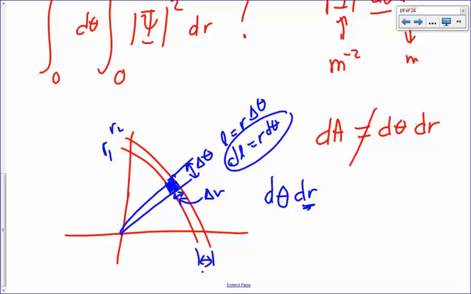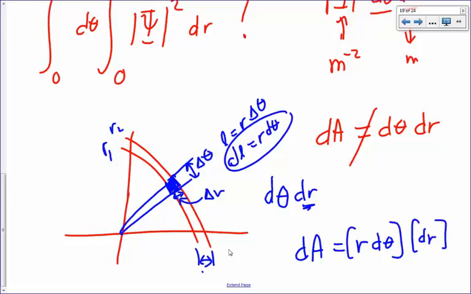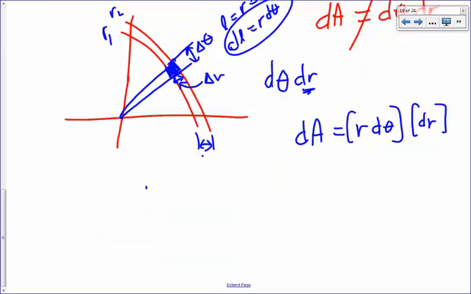Okay? So that length and this length would give you dA. So dA in this particular case would be r d theta, times dr. So what we need to do then is integrate psi squared.